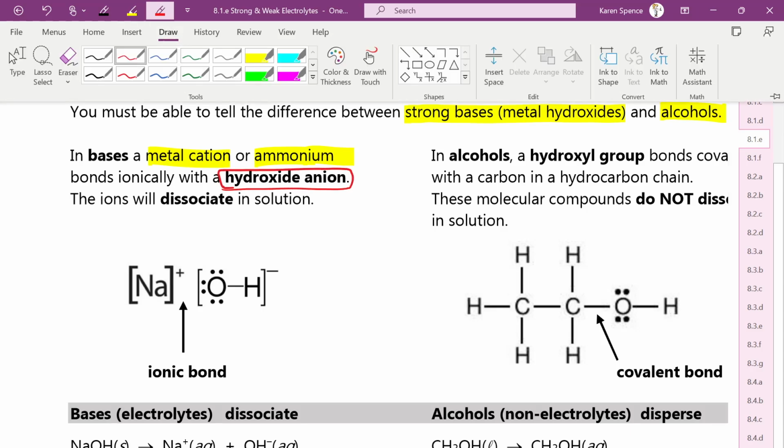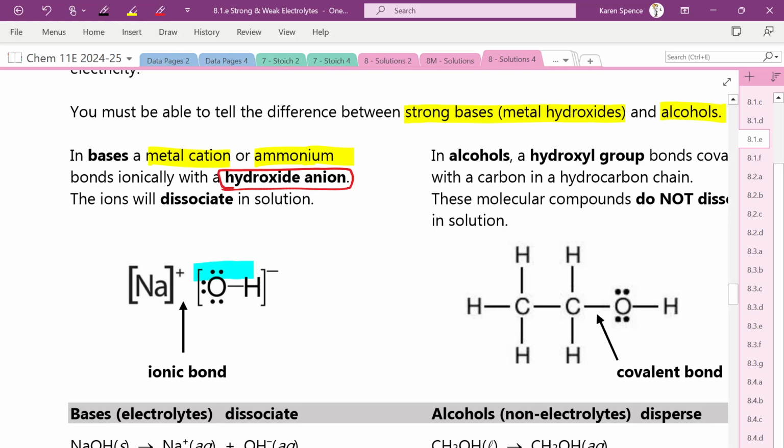And you can see here we have the hydroxide anion. How is that different from this group over here, which is part of the alcohol, which is not a hydroxide ion, it is a hydroxyl group? How is that different?